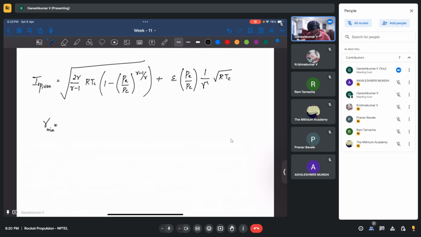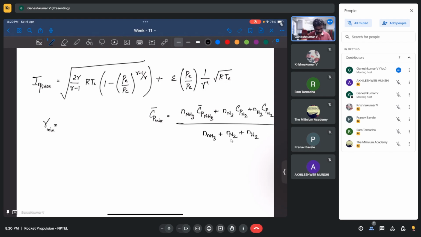So you can find that by finding Cp of mixture, and let's say per mole Cp of mixture is going to be summation of n, or let me write it down explicitly, n of NH3 Cp NH3 plus n of N2 Cp of N2 plus n of H2 Cp of H2, divided by n NH3 plus n N2 plus n H2.